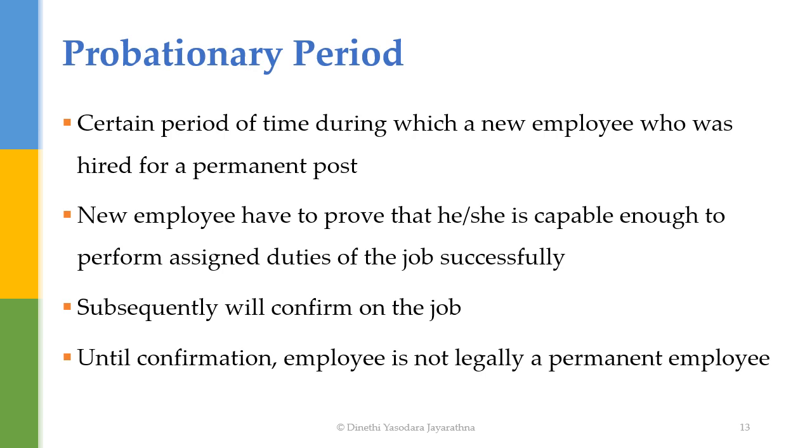That means during this probationary period, the new employee has to justify and prove that he or she is capable enough to perform these assigned duties. The period of proving oneself capable of performing the assigned duties is what we call the probationary period.